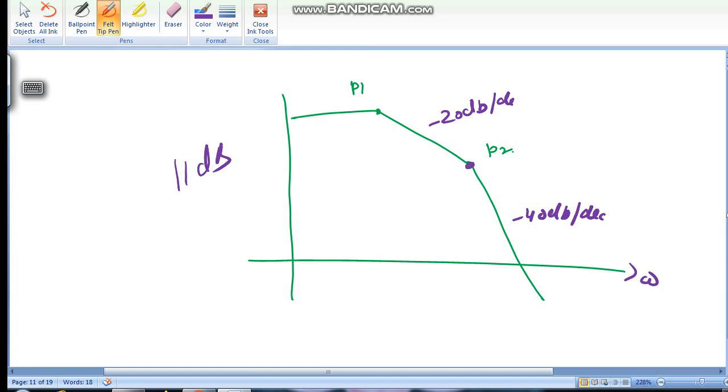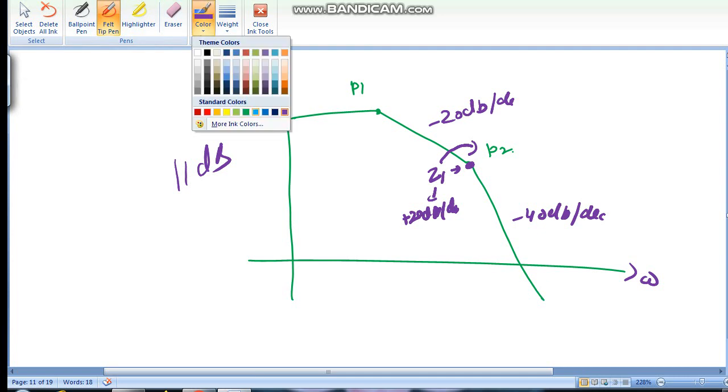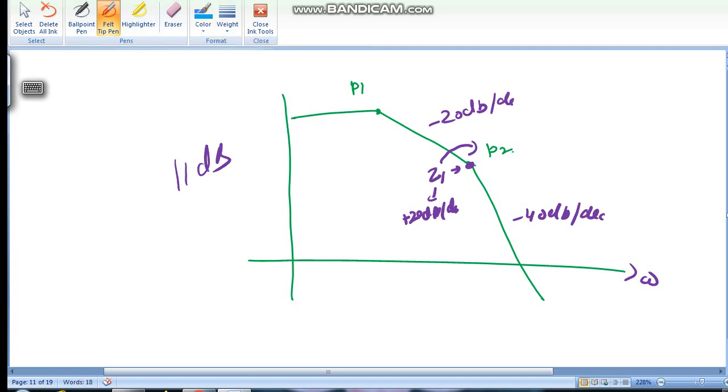Now suppose we put the zero at P2. What will happen? This zero gives plus 20 dB per decade, this pole gives minus 20 dB, and the total slope is minus 40 dB per decade. So this zero is going to cancel the effect of this pole, and you will get minus 20 dB per decade.